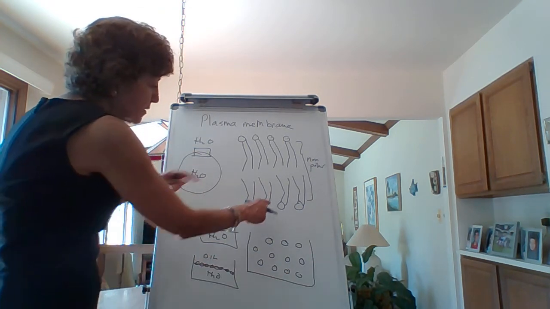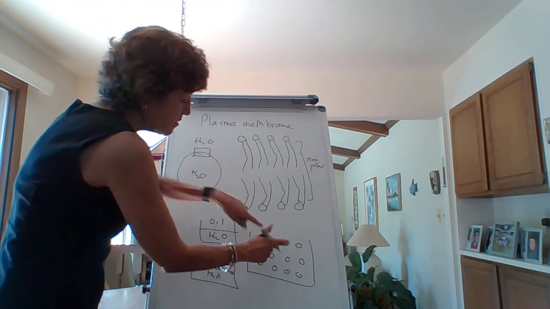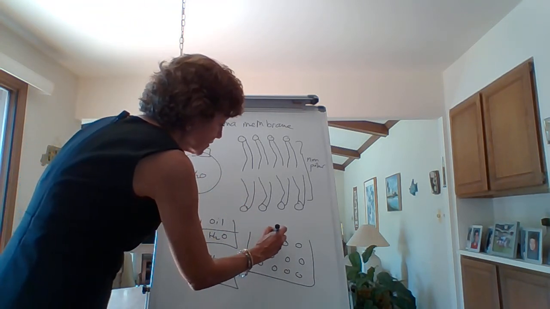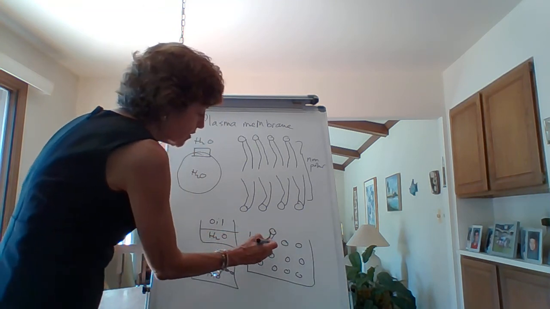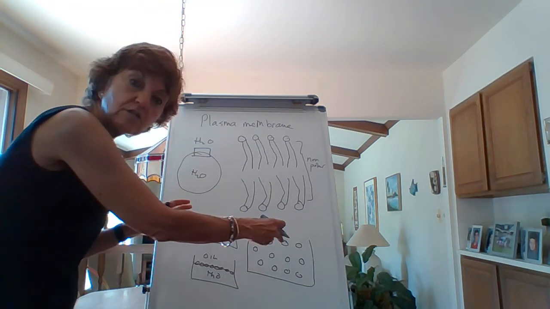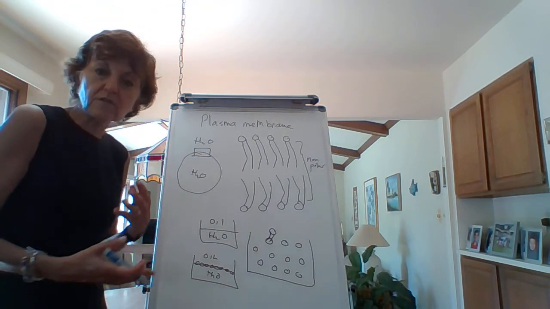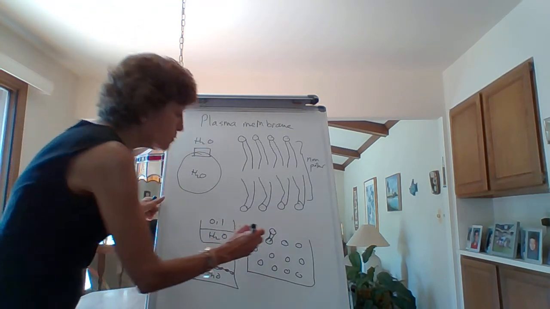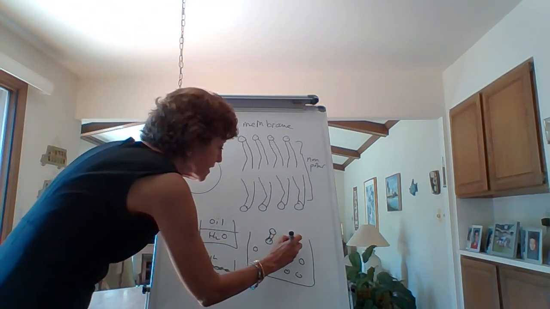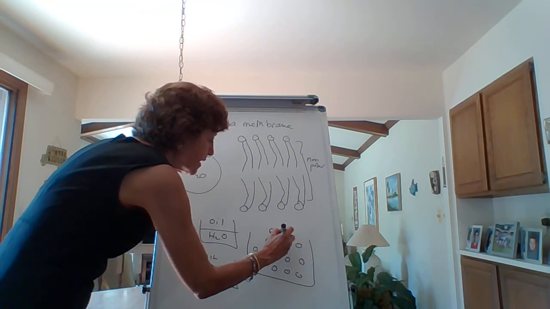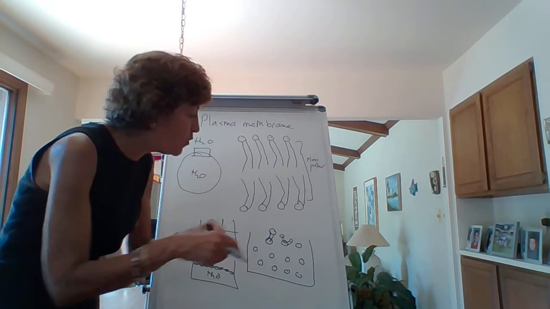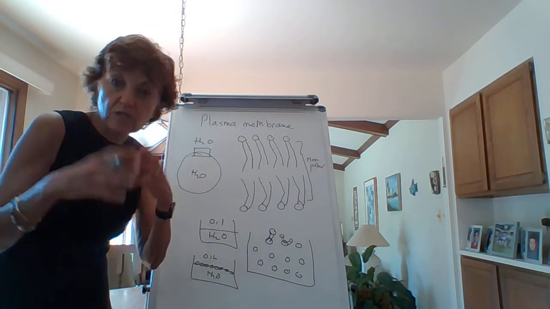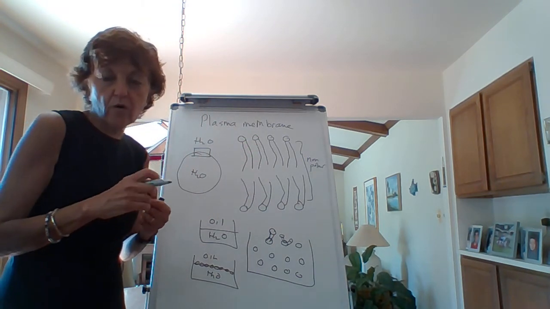How does that happen? Well, the oil is nonpolar. The two tails of the phospholipid stick into the oil and the head sticks into the water. Pretty much the same emulsifying as the soap. So each oil droplet is surrounded by a bunch of phospholipids with the tails poking into the oil and allowing them to suspend in the water.